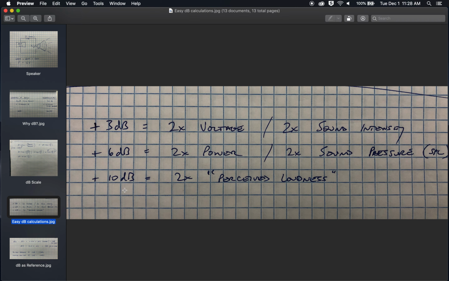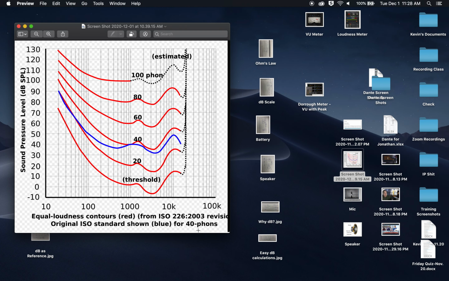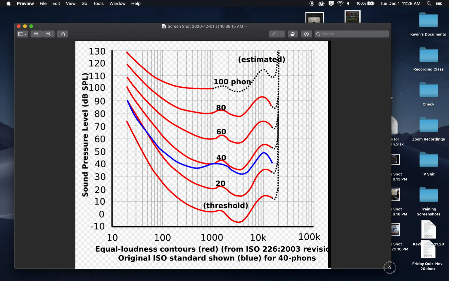And an increase of 10 decibels is doubling the perceived loudness. Remember, perceived loudness is dependent on frequency. So if we're looking at different frequencies, just by the nature of how our ears work, we are much more sensitive in the middle frequency ranges than we are at lower or higher frequencies.